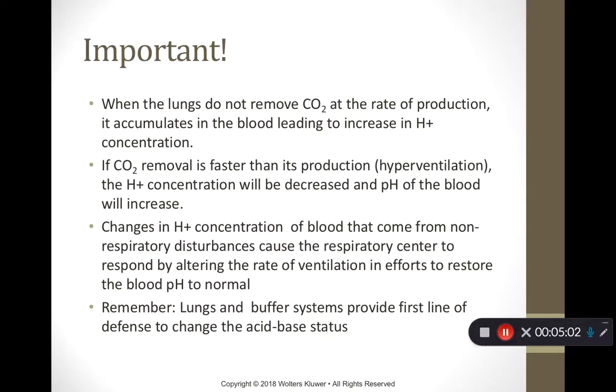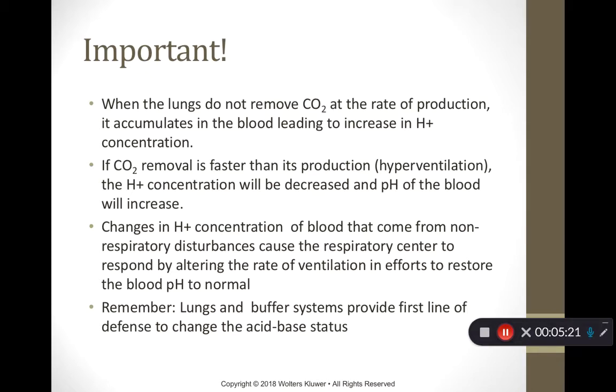So changes in hydrogen concentration of blood that come from non-respiratory disturbances cause the respiratory center to respond by altering the rate of ventilation in efforts to restore the blood to normal pH levels. Okay, so again, let me repeat that.